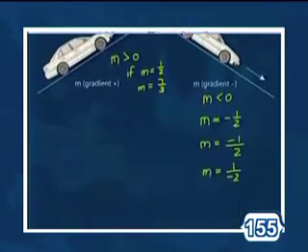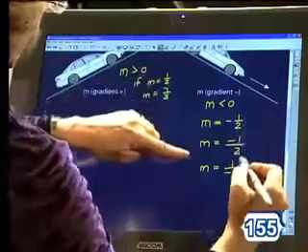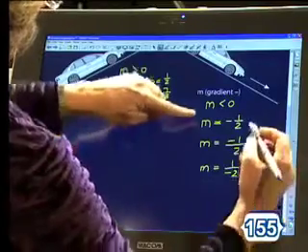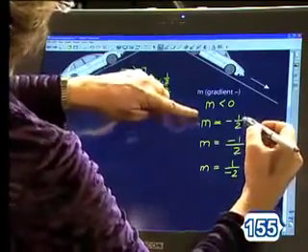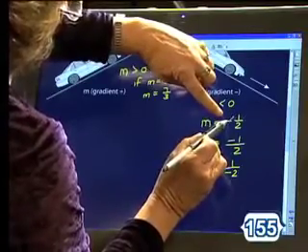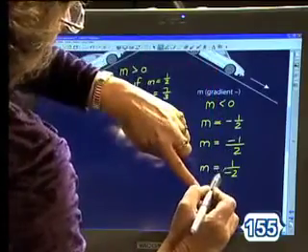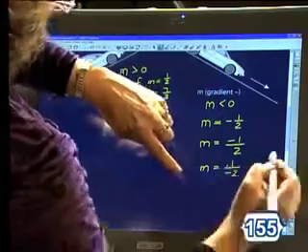Now please have a look at that and see that those 3 gradients are all equivalent. We know that when we write a negative fraction, the negative could be presenting itself in the front, or together with the numerator, or together with the denominator.